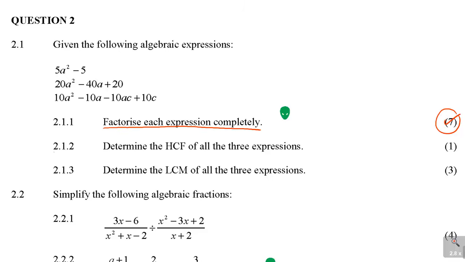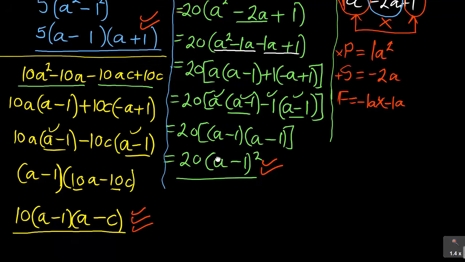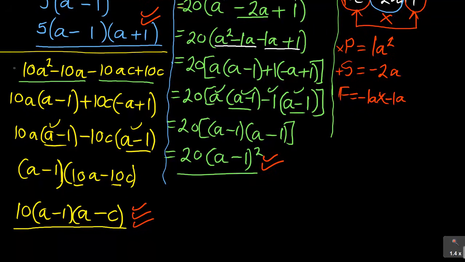Now the next question says, determine the HCF of all the 3 expressions, and it's just a mark. Now how do you find the highest common factor? You cannot find the highest common factor if you are not able to factorize. So just to show you a little bit of information here, whenever you're dealing with the highest common factor, I'm going to write all of these together.